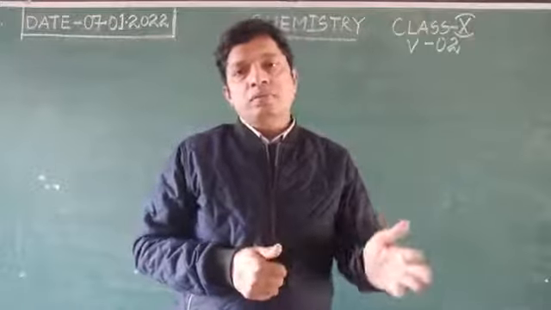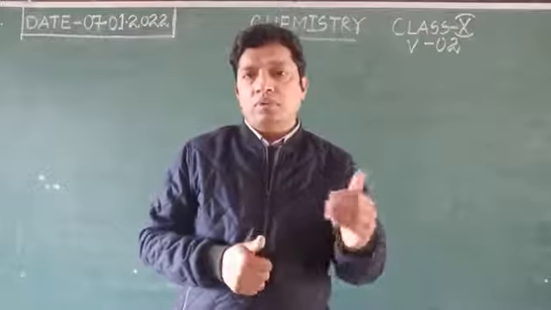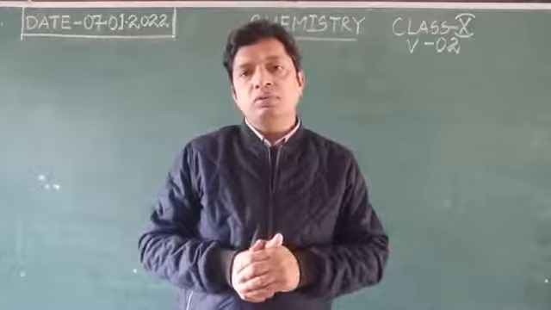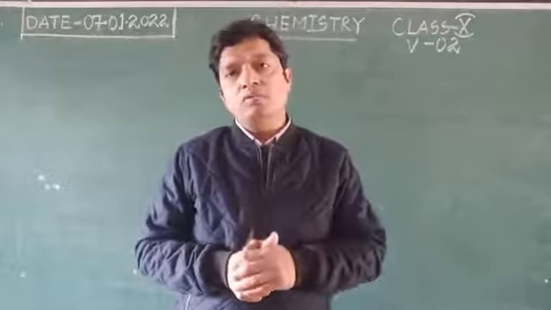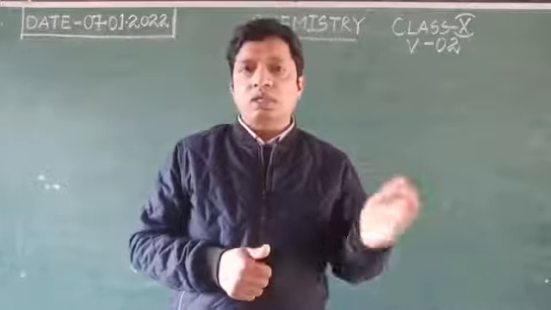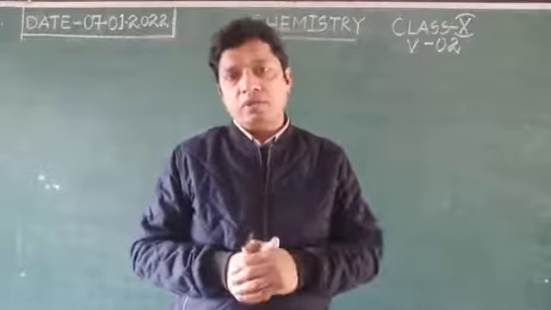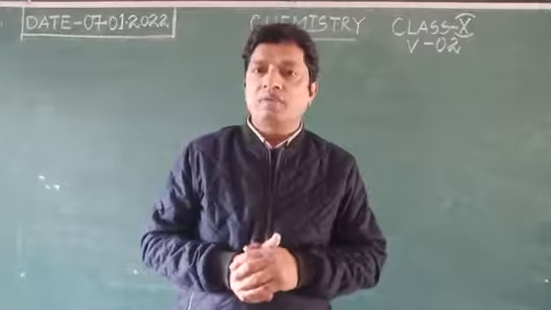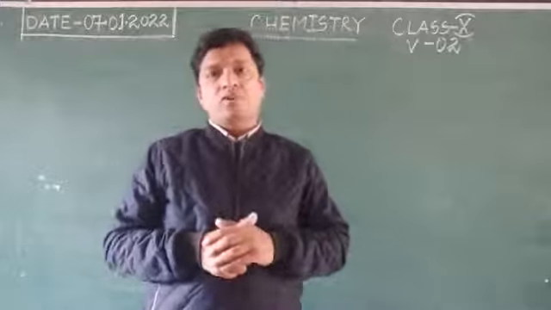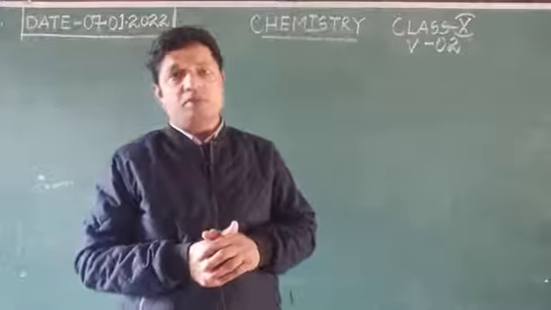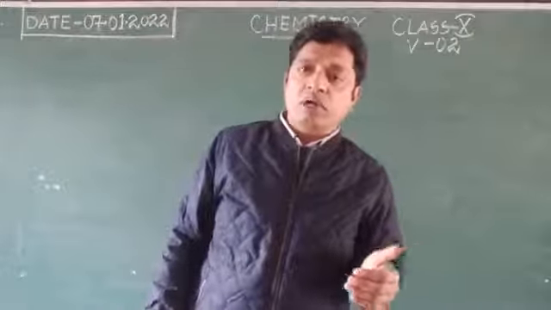And in the hydrocarbon, the first group of organic compounds, we have already discussed what saturated and unsaturated hydrocarbons are. Hydrocarbons are basically divided into two parts, saturated and unsaturated hydrocarbons. So what are saturated hydrocarbons?